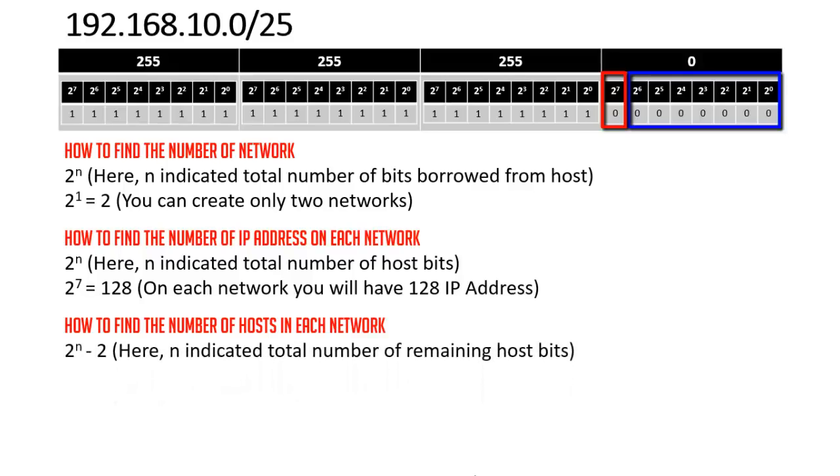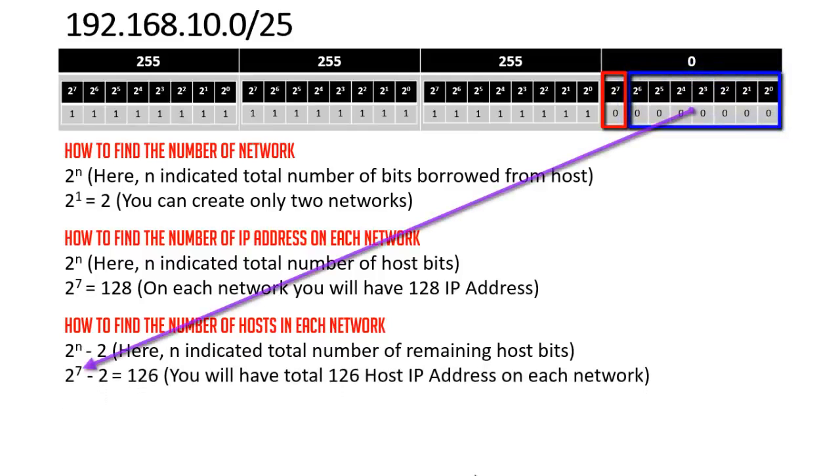Hence the formula is 2 to the power n minus 2. Here n indicates the total number of remaining host bits, which is 2 to the power 7 minus 2, which is equal to 126. It means you will have a total of 126 host IP addresses on each network, meaning you can assign 126 IP addresses to the devices in a single network.